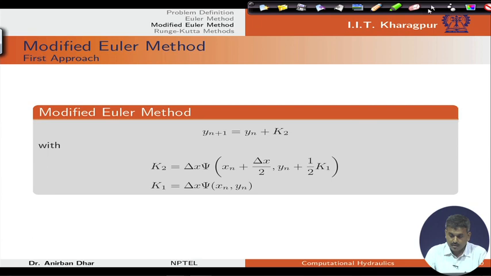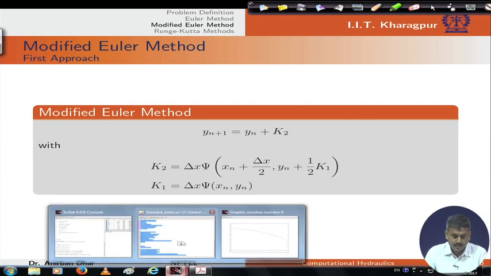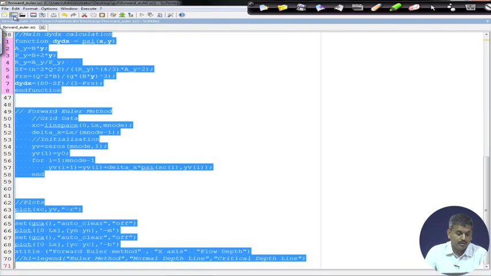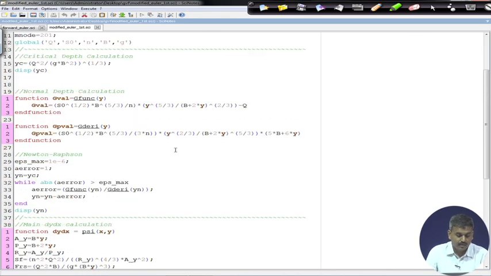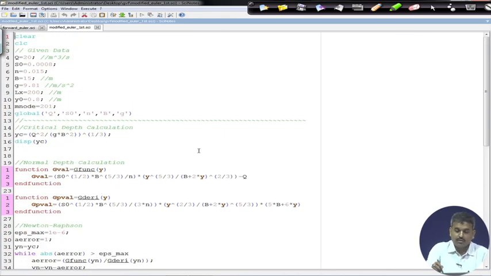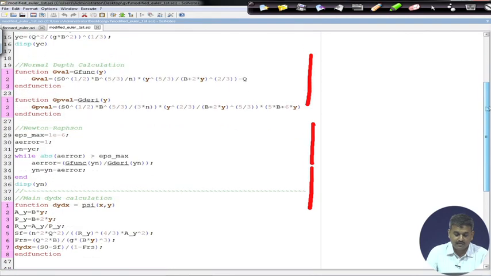Now, if I open the code corresponding to modified Euler, which is the first approach, the top portion starting from given data, critical depth calculation, normal depth calculation, these are the same as given in our forward Euler method.